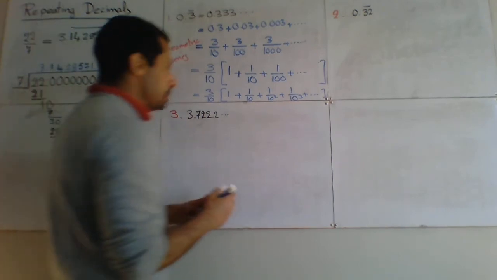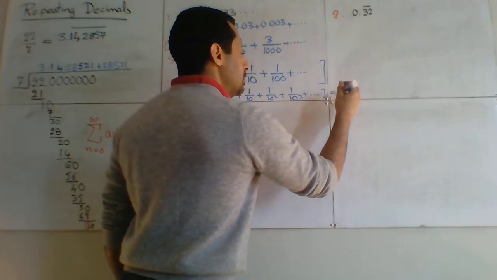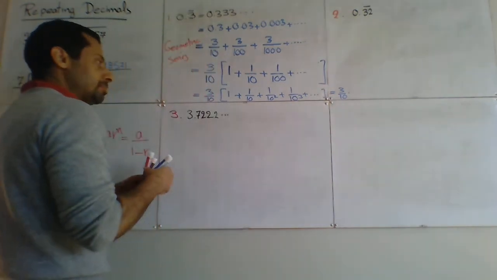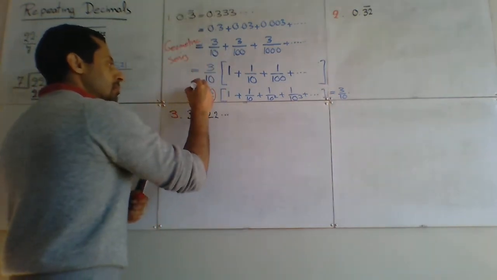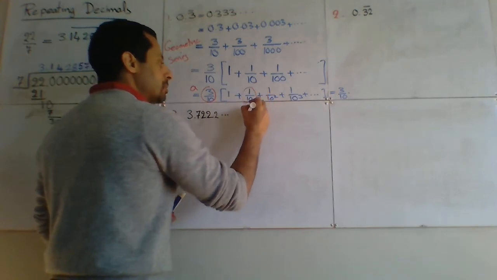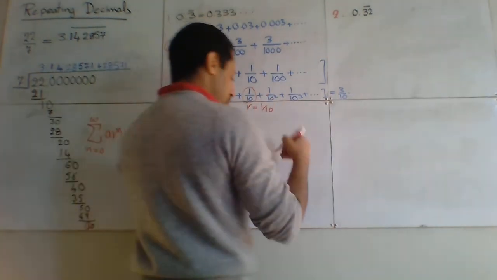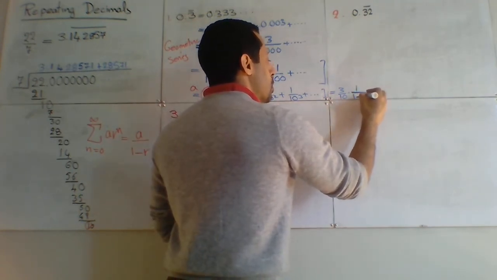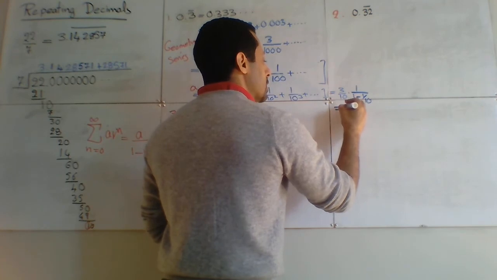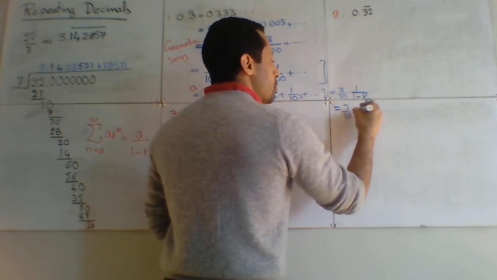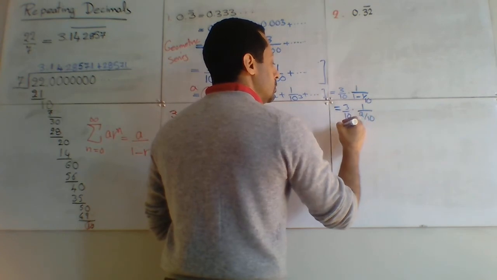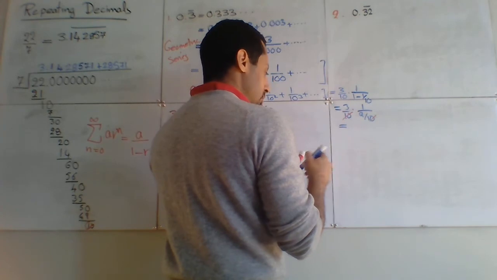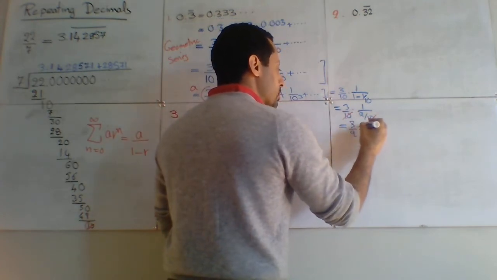So the sum here will be 3 over 10, my a, times 1 over 1 minus 1 over 10, where 1 over 10 is my r. So this is 3 over 10 times 1 over 9 over 10, and the 10 cancels with the 10. This simplifies to 3 over 9, or 1/3.